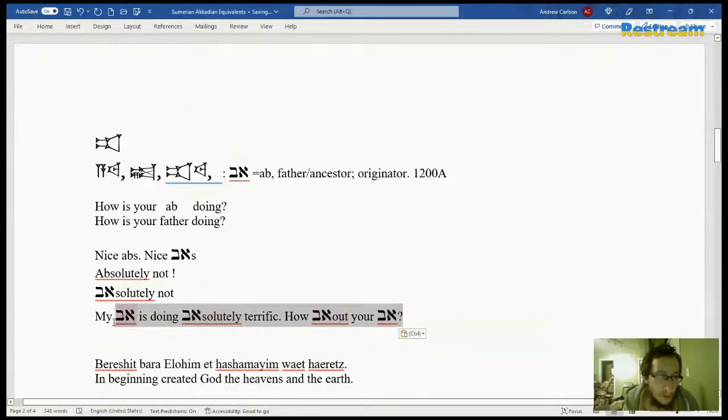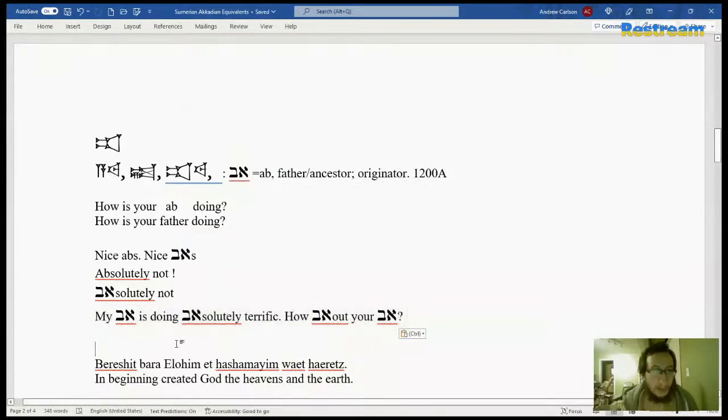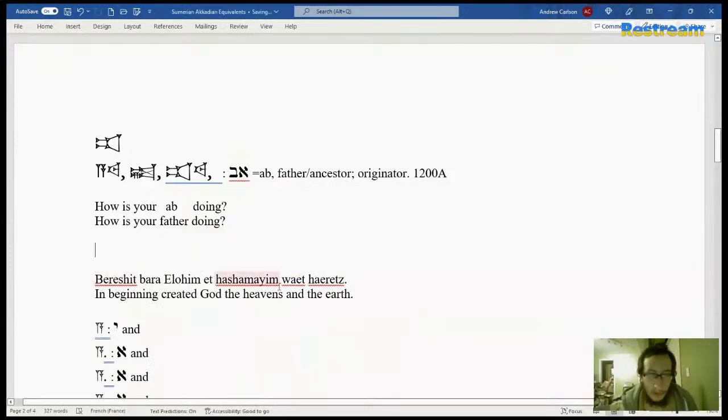So it uses Sumerian words, but then uses them to mean Akkadian translation or Akkadian pronunciations. So it's a complex system, but it actually is quite interesting the more you look into it. So we will get more into this next time. But that's pretty much it for today.